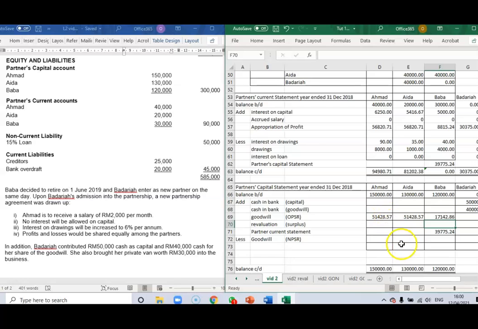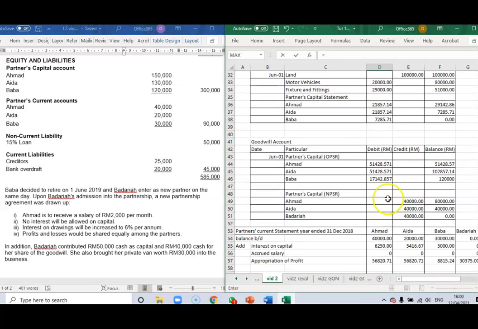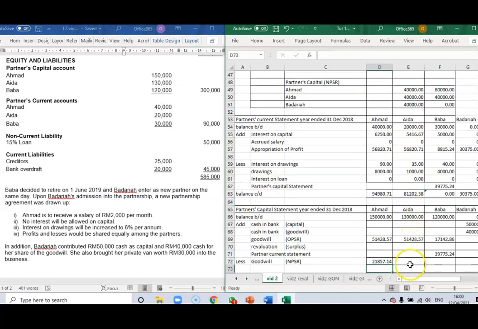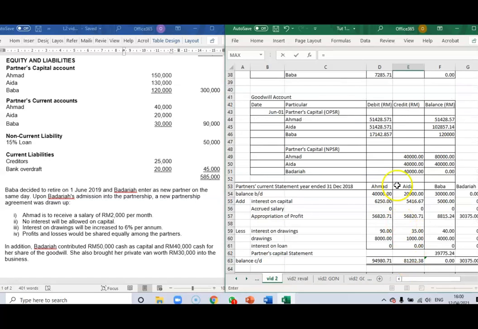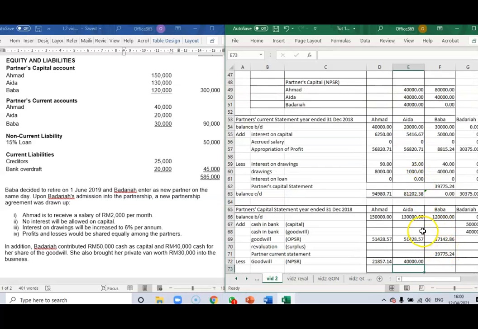And Goodwill with new profit sharing ratio is on the debit side, means the less. So Ahmad, Ida. Oops. Did I take it wrongly?